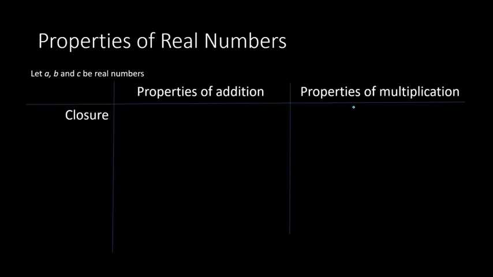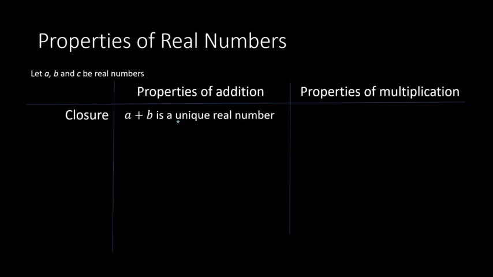So our first property is the closure property. And basically what it says is that when you're adding, if A and B both are real numbers, when you add them together, it will still be a real number. So it's the idea of you begin with a real number, you're going to end with a real number.